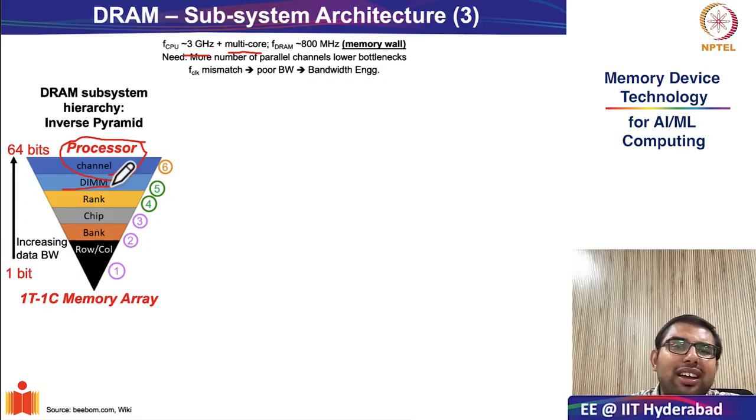Now there is a big gap between the throughput requirement from the CPU, which is at 3 gigahertz, versus what your DRAM chip can provide. The clocking of the CPU is 3 gigahertz, whereas that of the DRAM chip is only 800 megahertz. Therefore, in addition to all these interesting concepts, you need more parallel channels established between the processor and the memory subsystem.